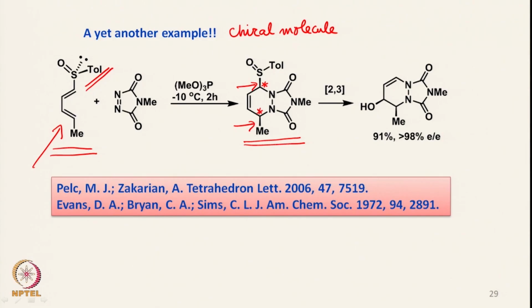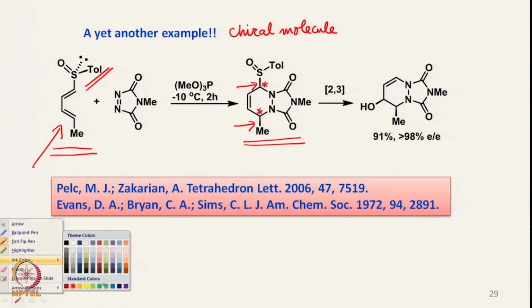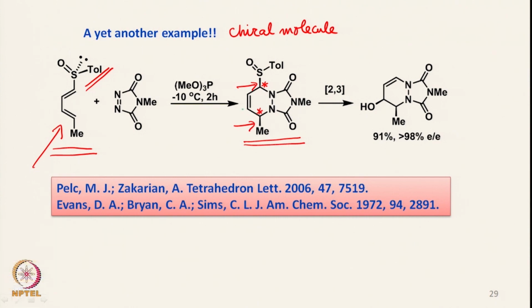Now you see that this particular molecule has this part as allyl sulfoxide. Already one has induced asymmetry into the substrate based on the enantioselectivity governed by the sulfoxide.